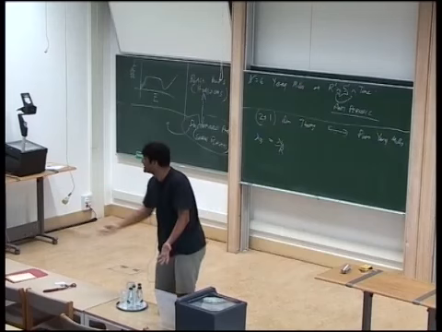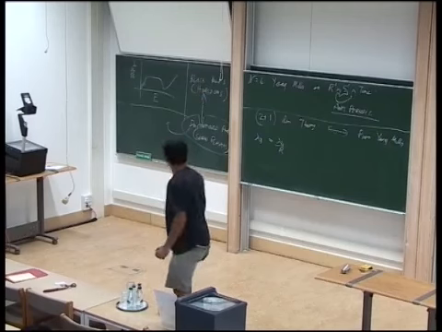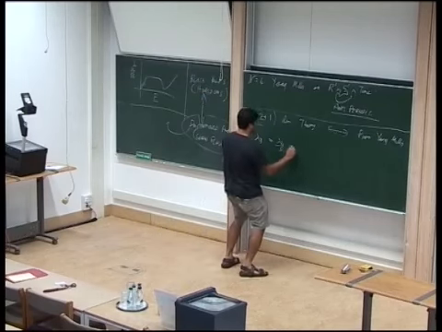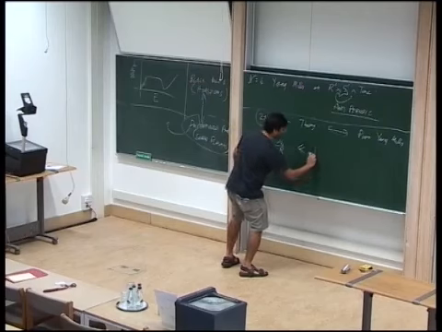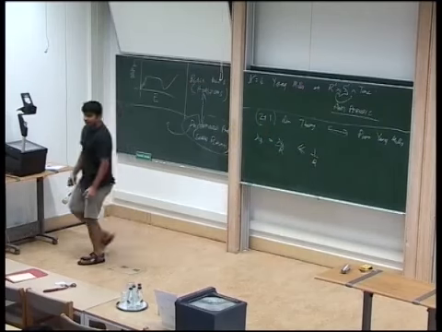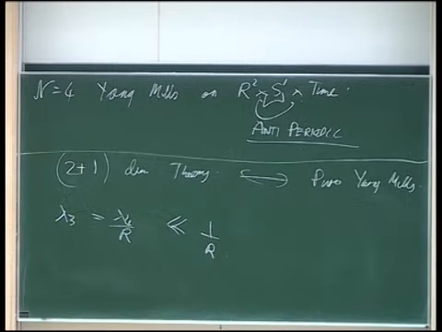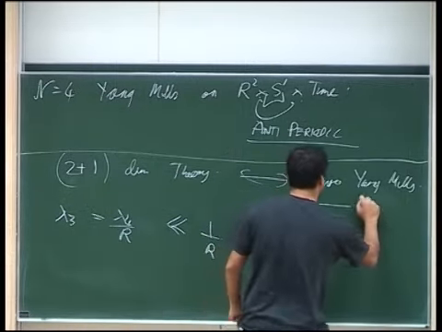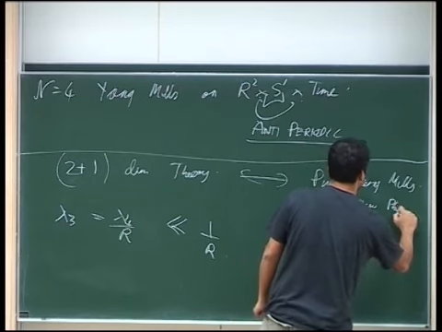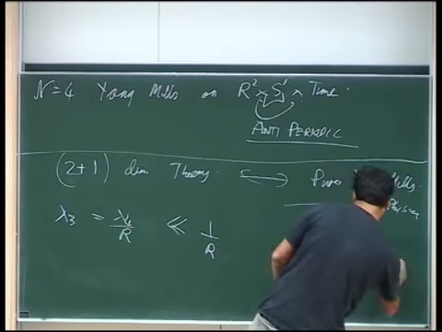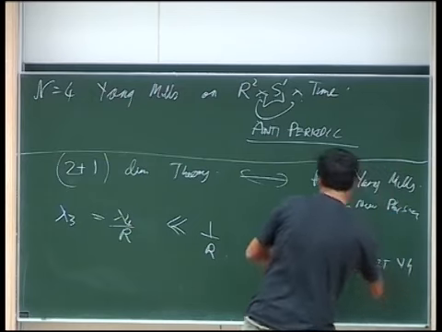What scale does this new physics come in? Clearly 1 over R. Okay, so when lambda 3, which is lambda 4 by R, is much, much less than 1 by R, then there's the scale separation. Then we've got new physics, 2 plus 1 Yang-Mills, big separation.